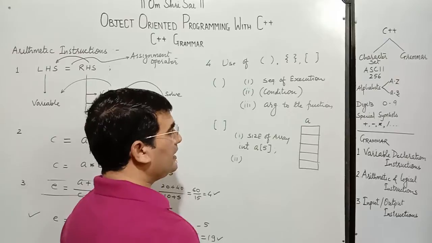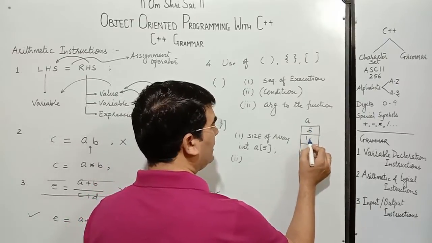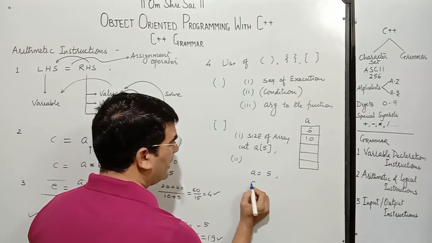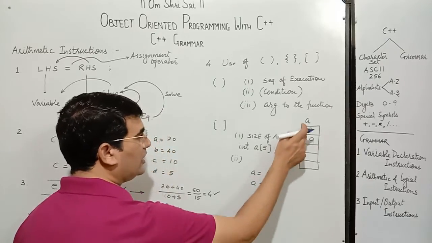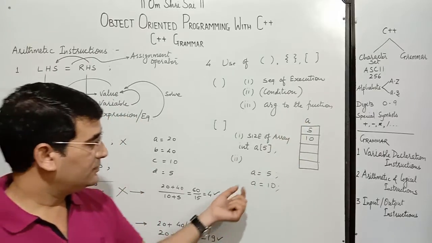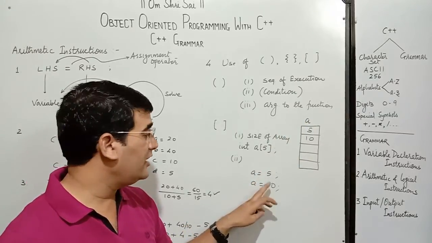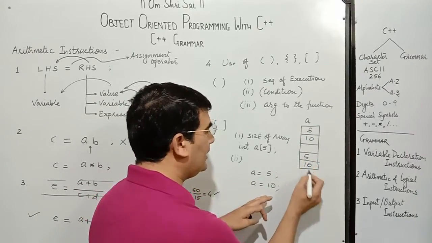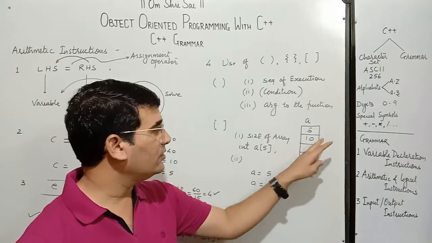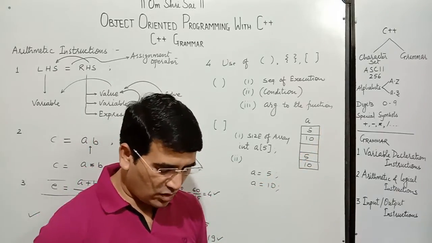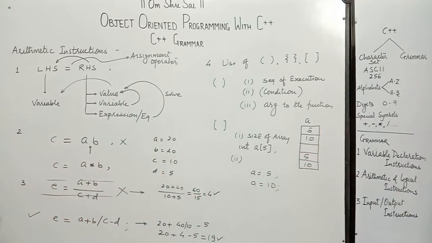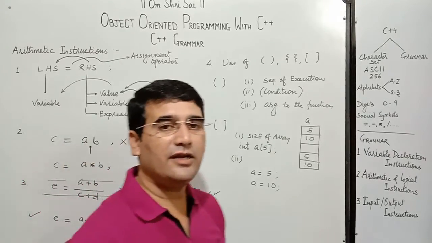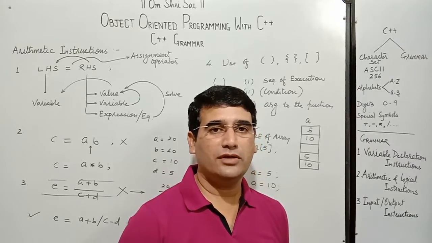If I want to place 5 here and 10 here, what should I write? A assigns 5 and then A assigns 10. Why? Because both locations have the same name. But this does not specify uniquely whether this 5 goes here or here, whether this 10 goes here or here. This problem arises because all the locations have the same name, and wherever there is a name conflict, there must be another way to identify each one uniquely.